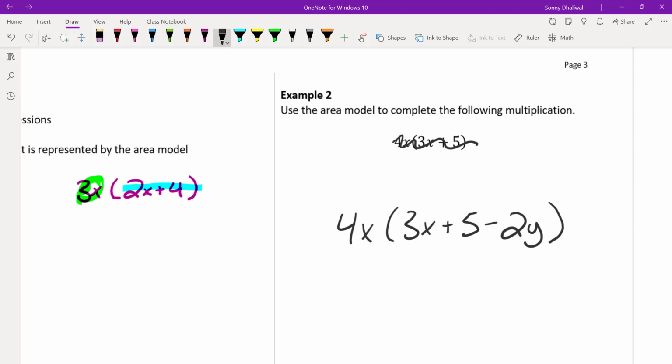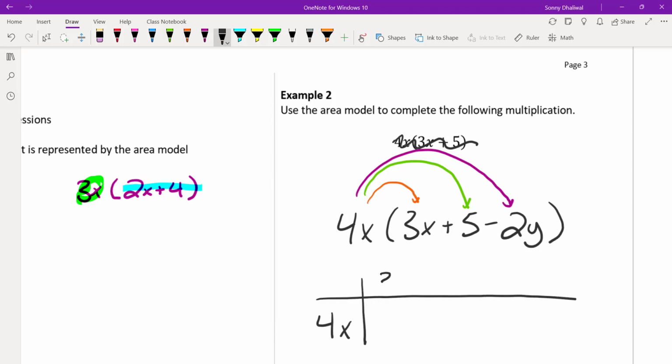So now you could do the rainbow method, do all of these calculations, or we set up our table. So the table goes 4x here, so you write one of them there. You write your other expression along the top.